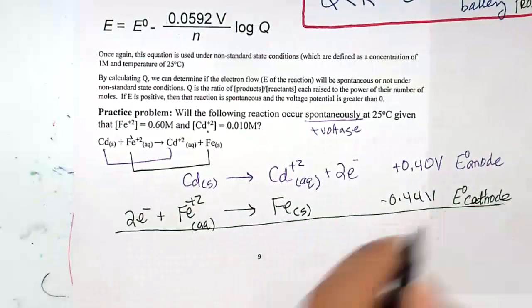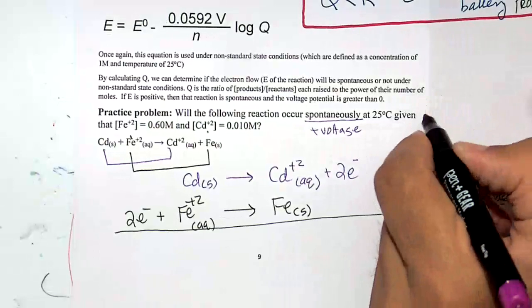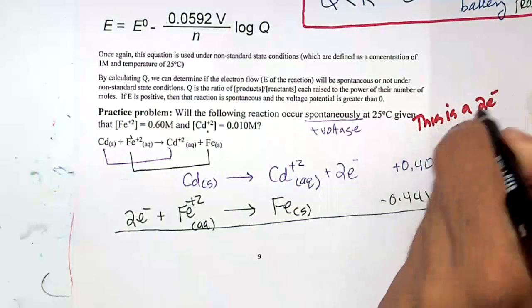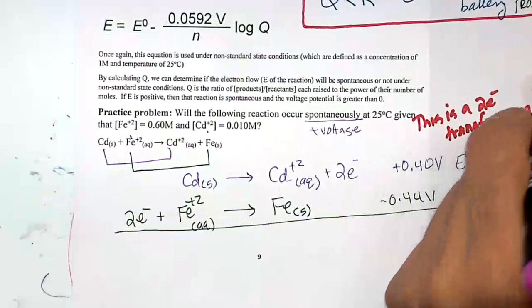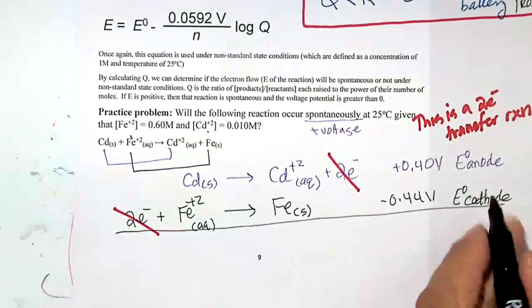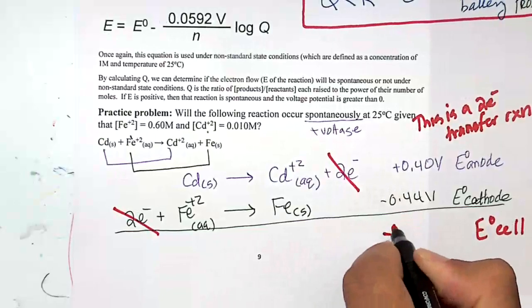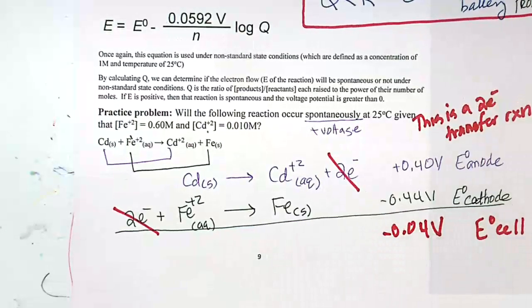Everyone see that? So how many electrons are being transferred in this reaction? This is a 2 electron transfer reaction, so we'll calculate E cell as negative 0.04 volts.